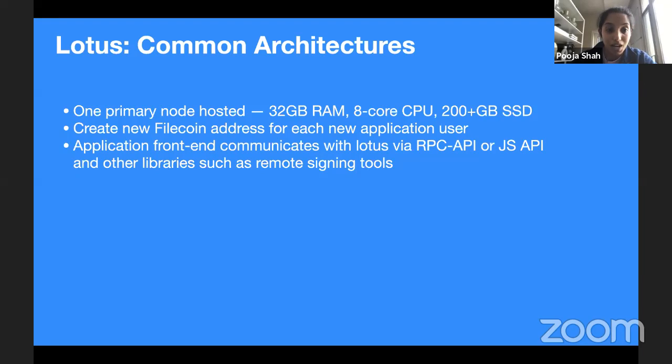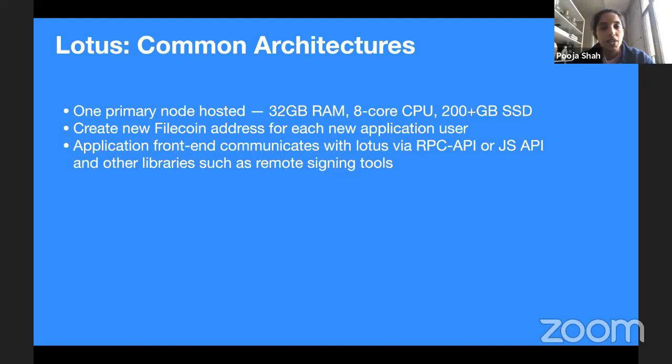And so all of these things will come. But today, running Lotus and staying in sync with the chain requires a pretty hefty machine. So the recommendation that we've been giving to developers is make sure you have at least 32 gigs of RAM, an 8-core CPU, and then 200 plus gigabytes of SSD drive. So that's not accessible to everyone, but if you are interested in using Lotus directly, we'd recommend having one node that you're hosting yourself.